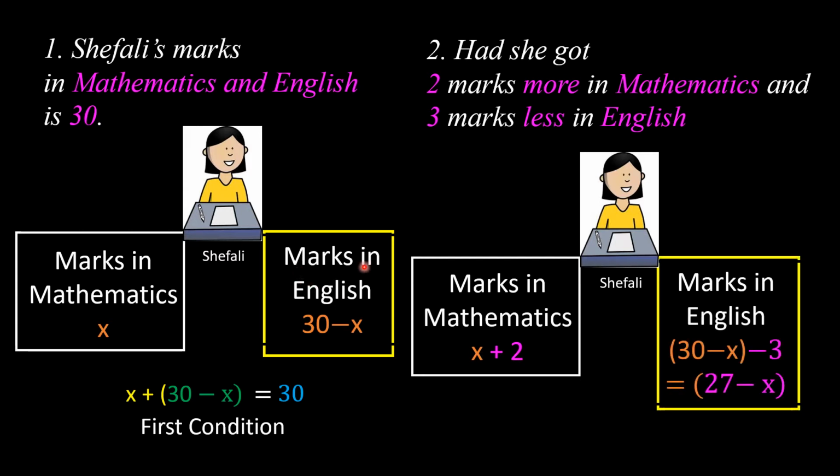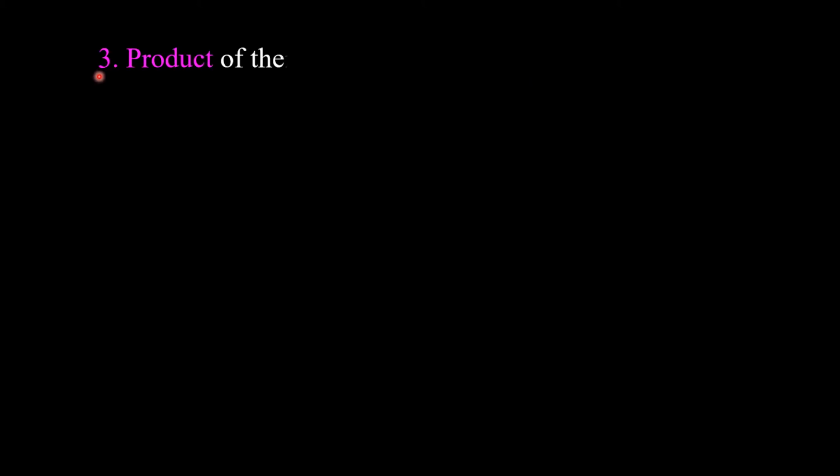Initially her marks in English were 30 minus x, but she got 3 marks less in English. So her marks in English now will become 30 minus x, her initial marks, minus 3 marks less. So her marks in English will be 27 minus x. According to the third condition, the product of their marks would have been 210.